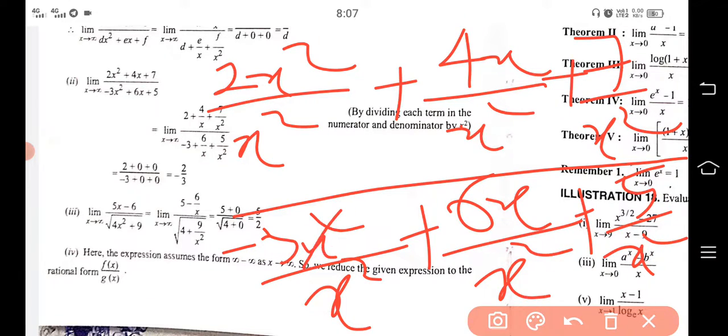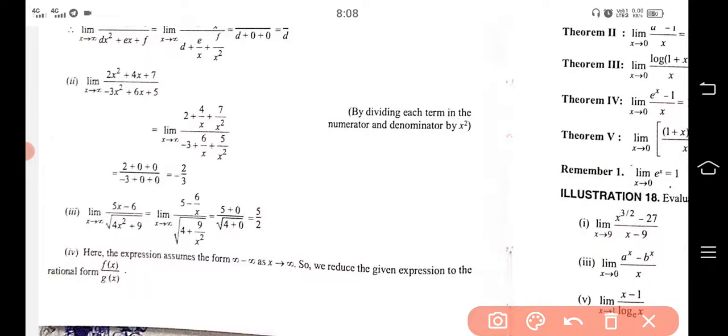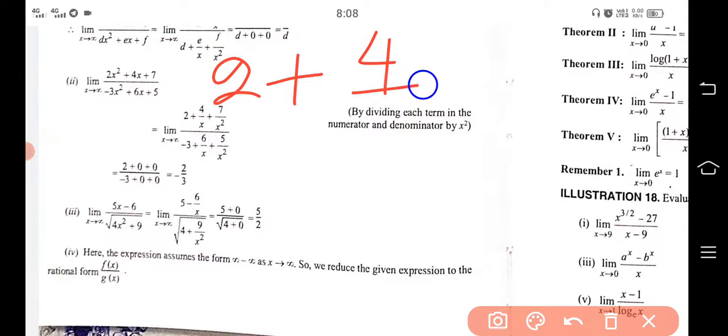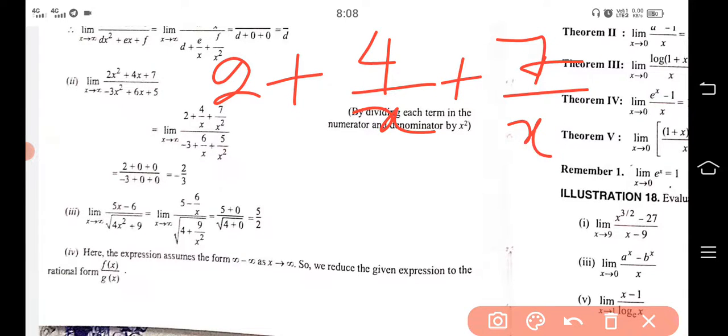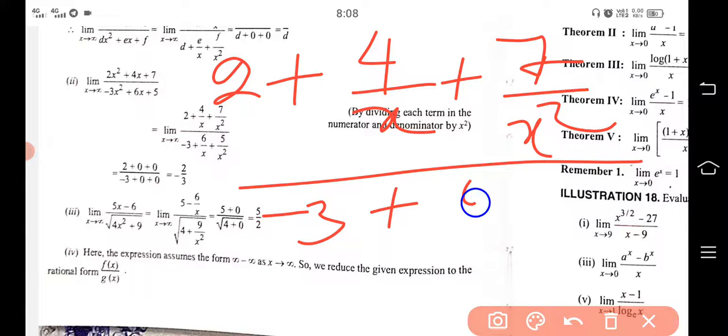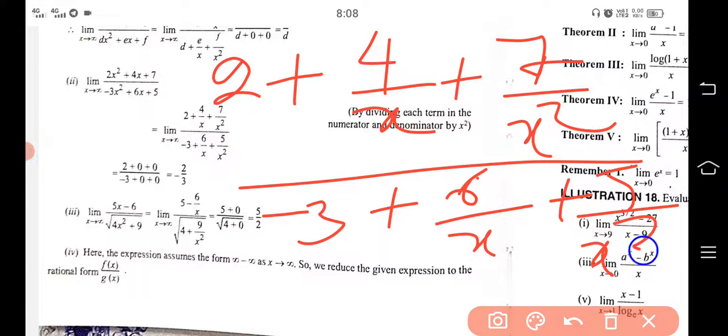So now x square cancels, here also x square cancels, and here x and x square reduce. What will remain after this? It will remain 2 plus 4 divided by x plus 7 divided by x square, which is divided by 3 plus 6 by x plus 5 divided by x square.